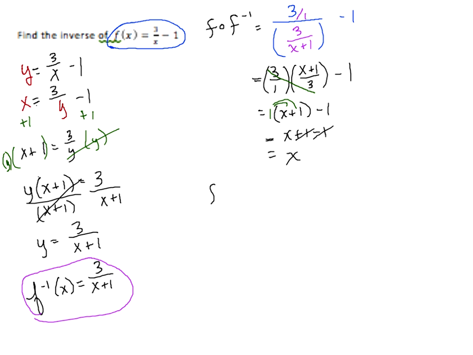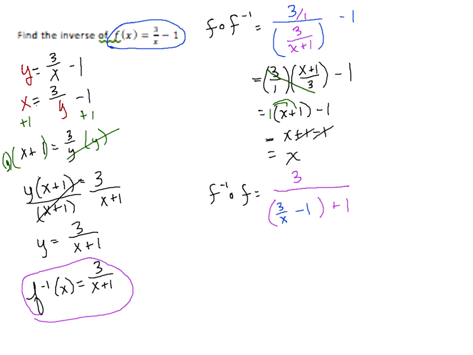Now I need to try f inverse composed with f. So the exact opposite. 3 divided by something plus 1. Plugging in f for that something, 3 over x minus 1.